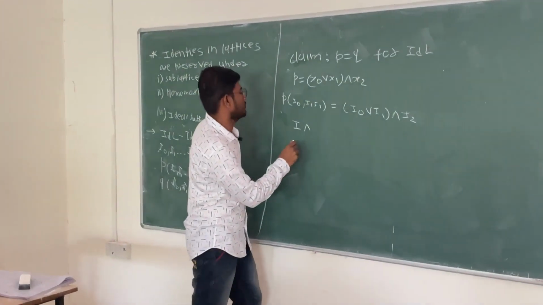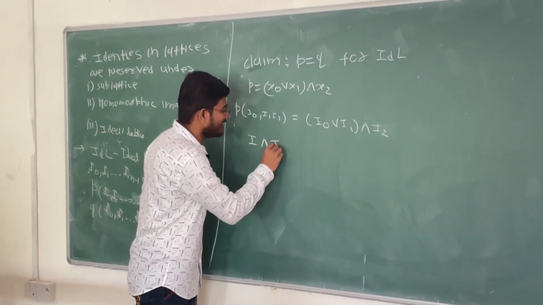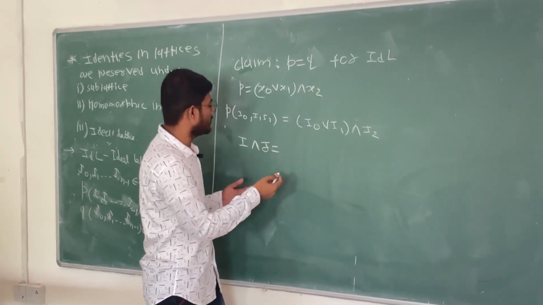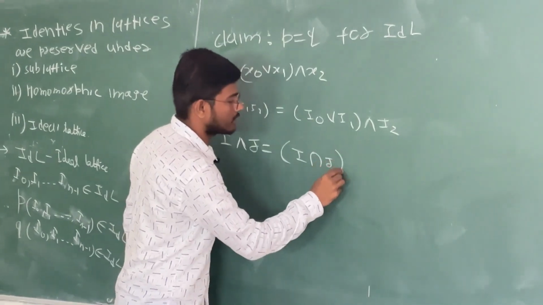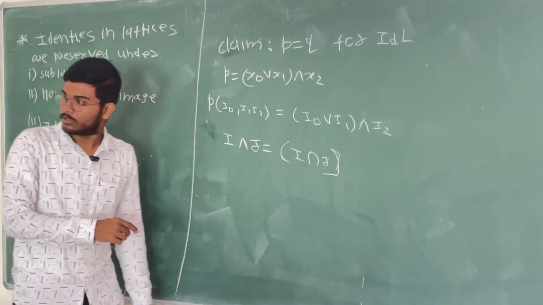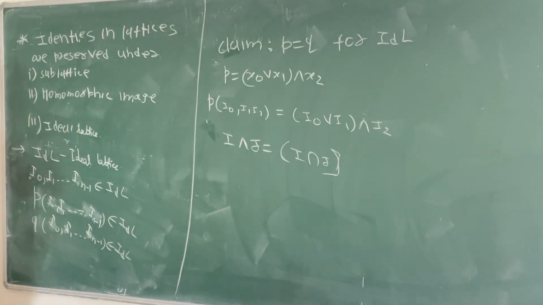Now we know that I meet J is equal to the smallest element generated by the intersection of these two ideals. And yesterday we saw that H is of the form H0 up to H n minus 1.